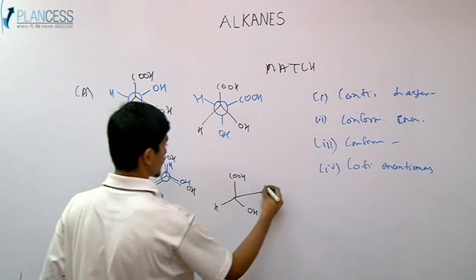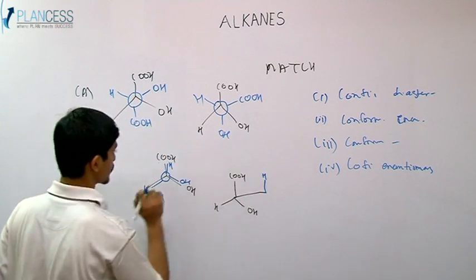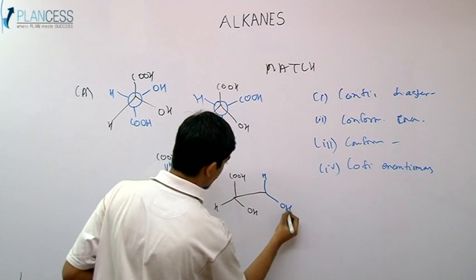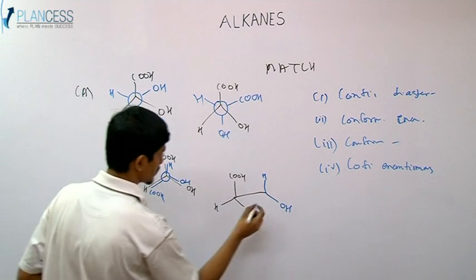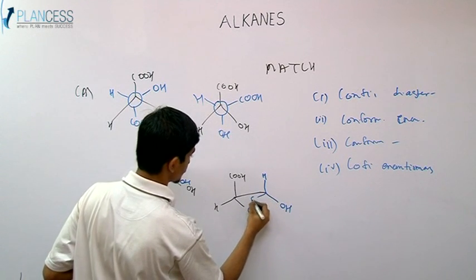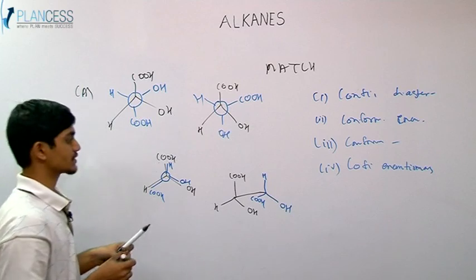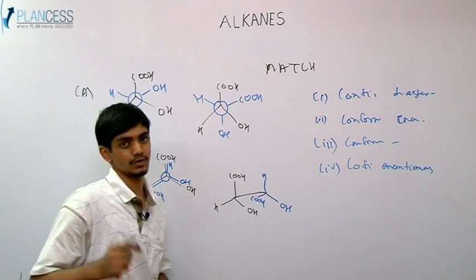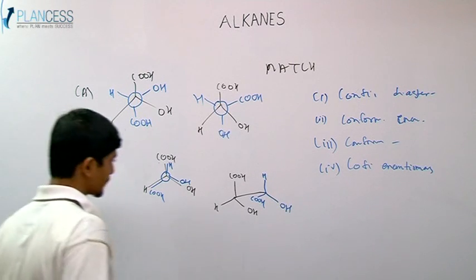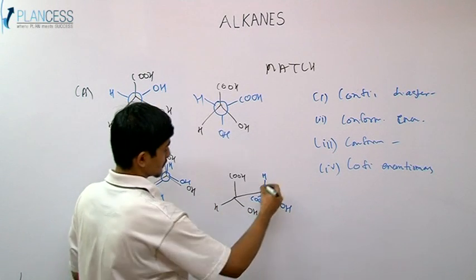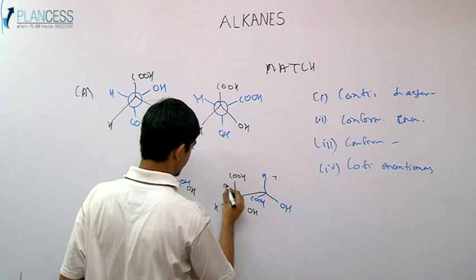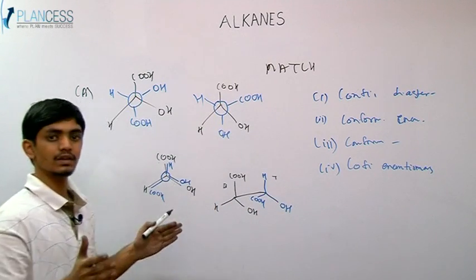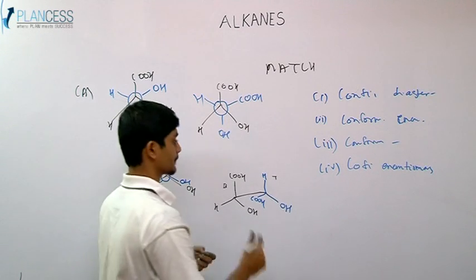The blue carbon says that H is parallel to COH, and then we have OH, and finally we have COH parallel to the black H. So from this, we write the Fischer projections. In the Fischer projection, we need the top and the bottom bonds, so these bonds will come in the plane, and the COH and COH will come on the right side and the left side respectively.